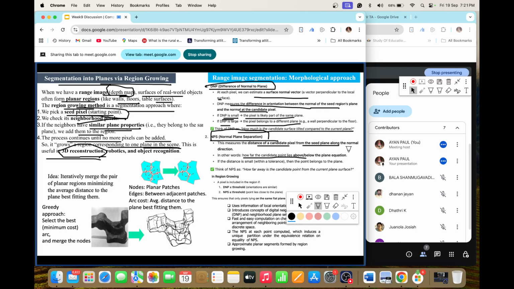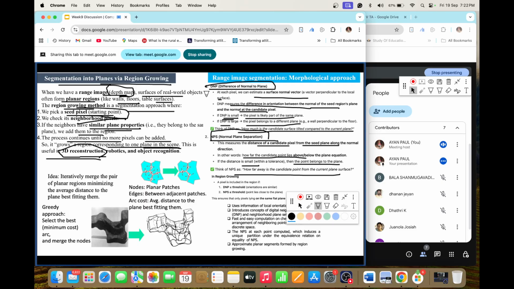Again, we consider a threshold. If the distance is less than the threshold, then the point belongs to the same plane, otherwise the point does not belong to the same plane. Think of NPS as how far away the candidate point is from the current plane surface.